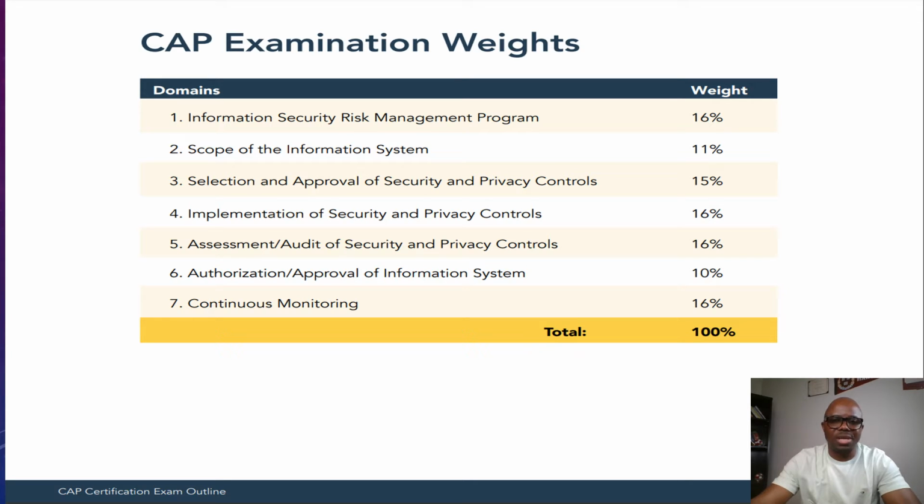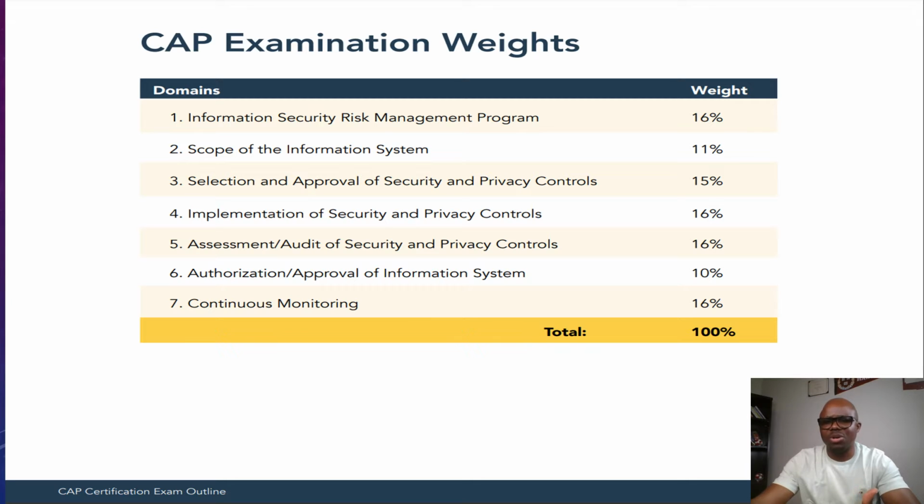Implementation of security and privacy controls carries 16%. Assessment/audit of security and privacy controls is 16%. Authorization/approval of information system is 10%. And then we have continuous monitoring, which is domain 7, 16%. So this is the weight assigned to each of the domains.